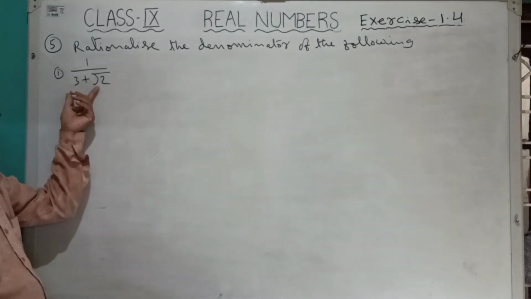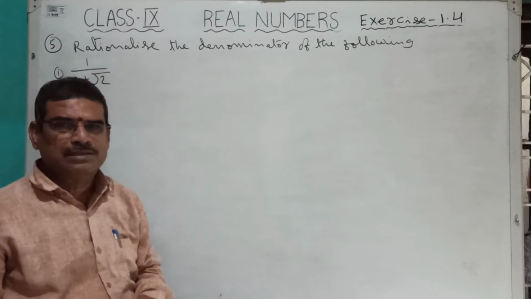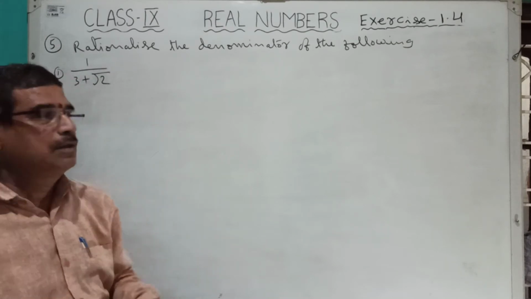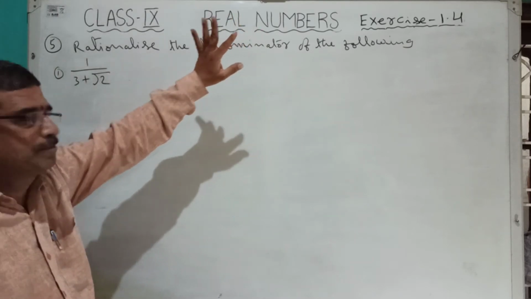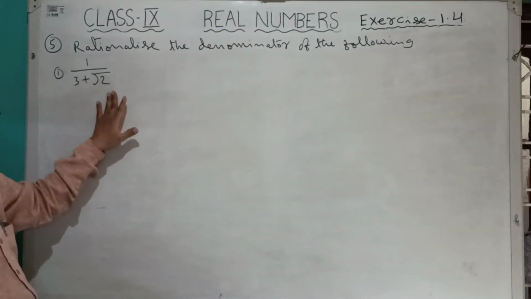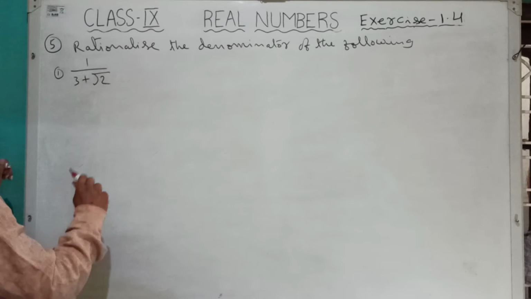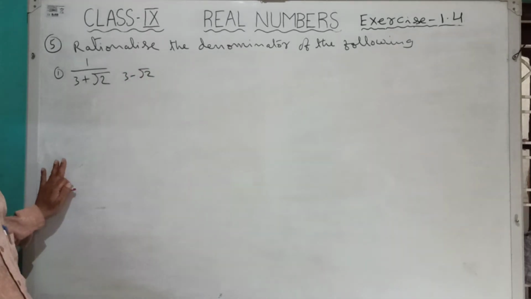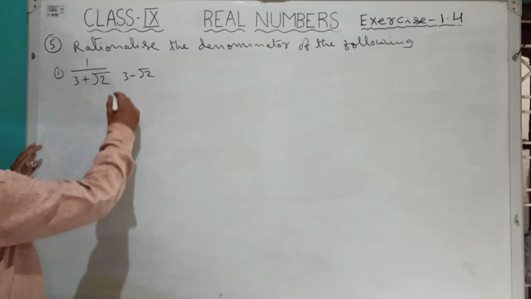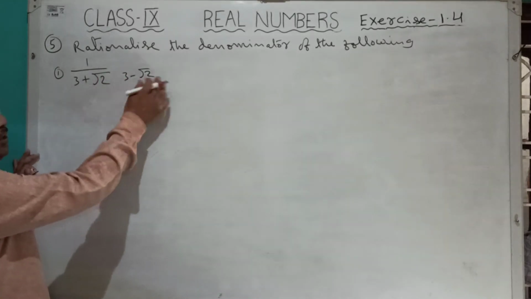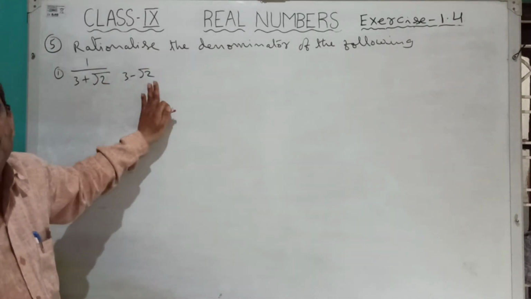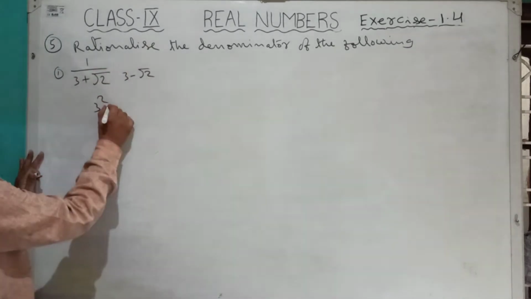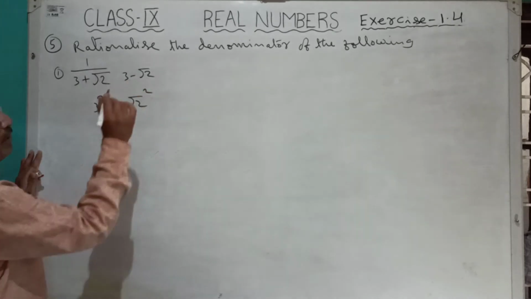Here, as I already told in the previous class, a square minus b square is the one formula for rationalizing. Here a plus b is there. If I write a minus b, then a plus b into a minus b, a square minus b square will come.